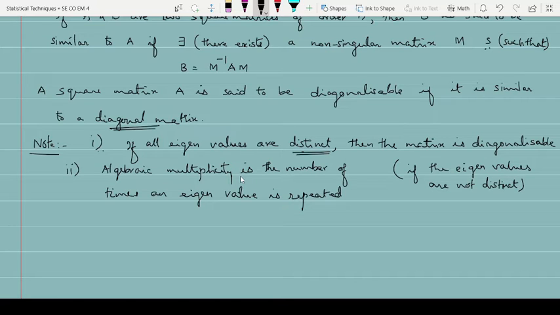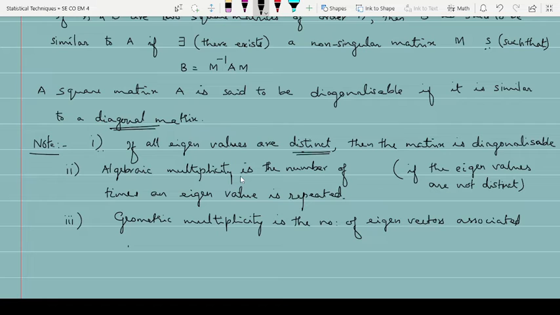And there is another term called geometric multiplicity, which is the number of eigenvectors associated with an eigenvalue.